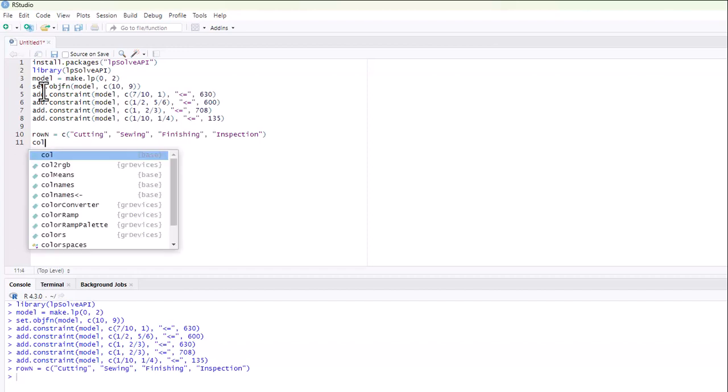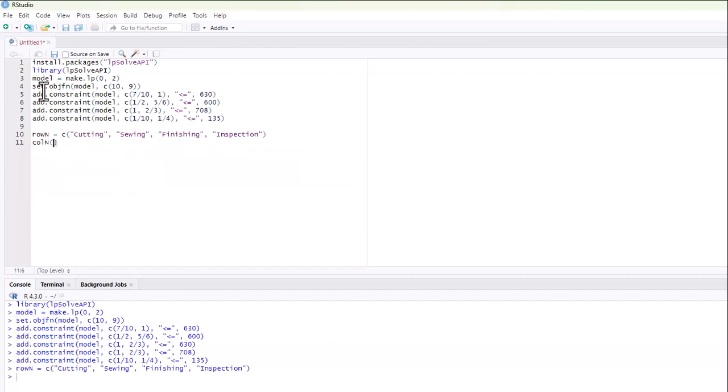Now the columns. Here we can write standard bags and deluxe bags. Sorry, I forgot to mention the commas. Here we go. All right.